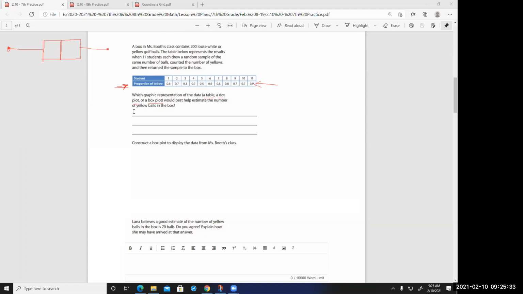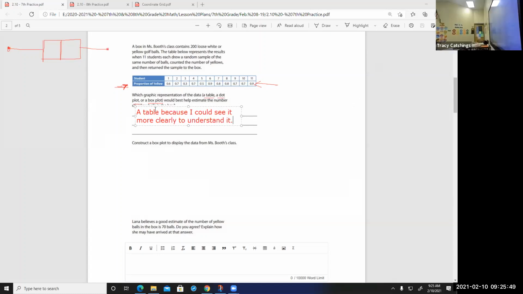Because for me personally, it'll be able for me to see it more clearly and help me better understand it. Okay, I can work with that. And that's more like it. When I see a set of data, I'm instantly thinking of maybe a table or a graph, but I'm definitely not thinking of a box plot.